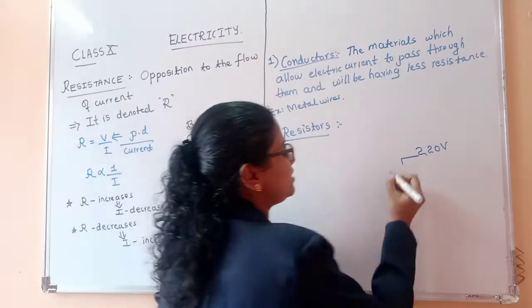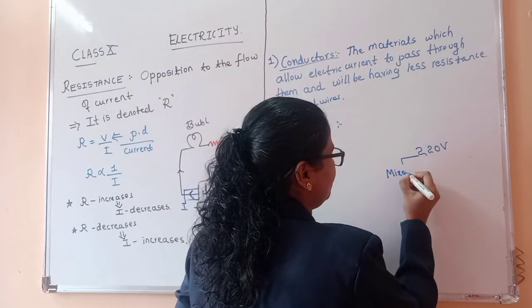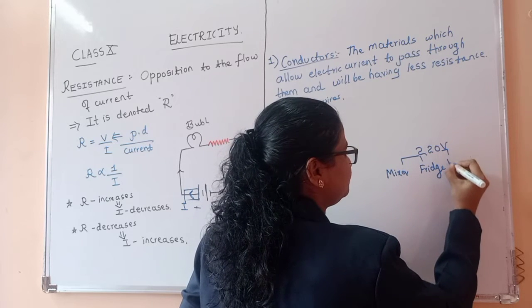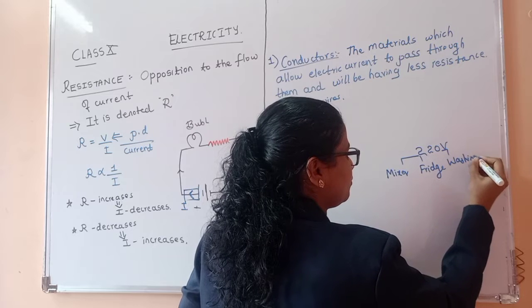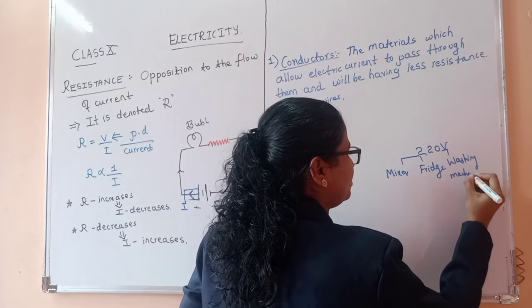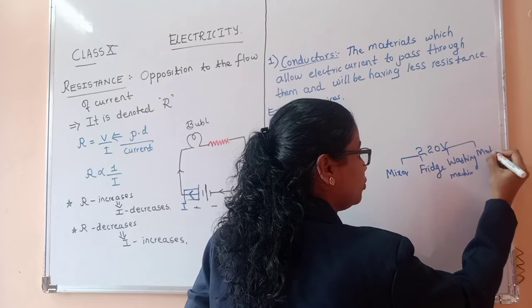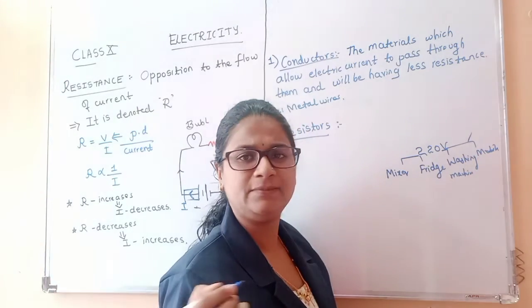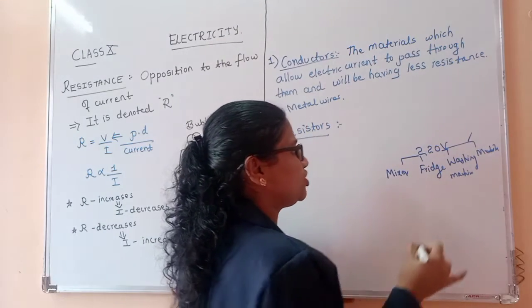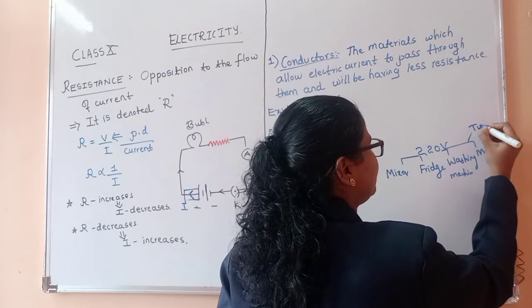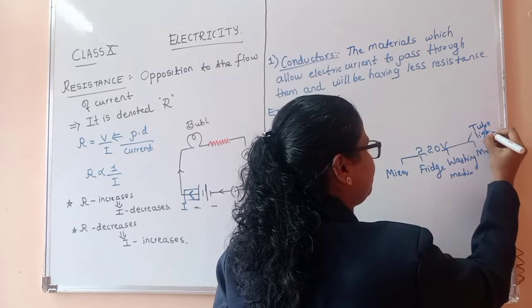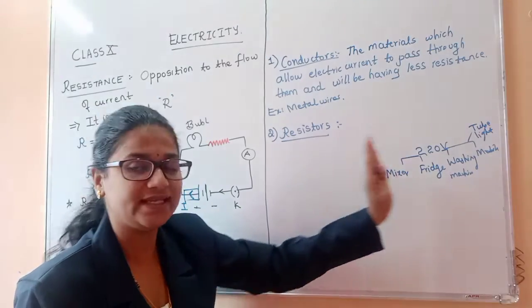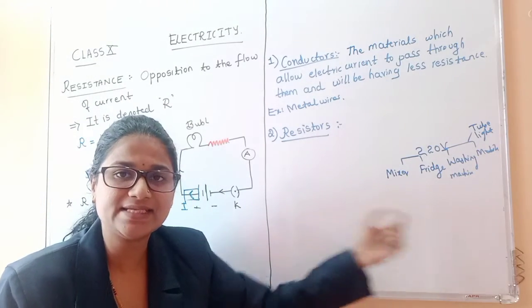So we can say mixer, fridge, washing machine, then mobile, most important, then laptop, fan, tube light. From this 220 volt, all the electrical appliances are getting electricity.